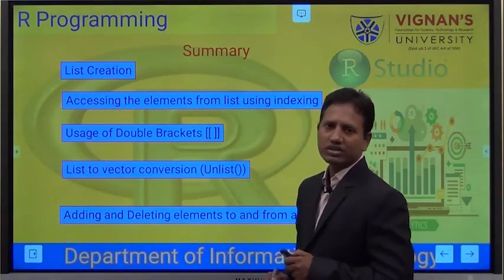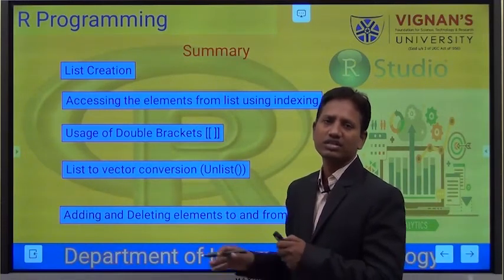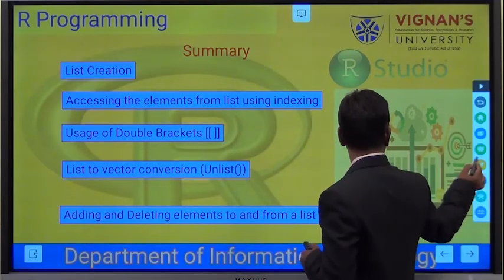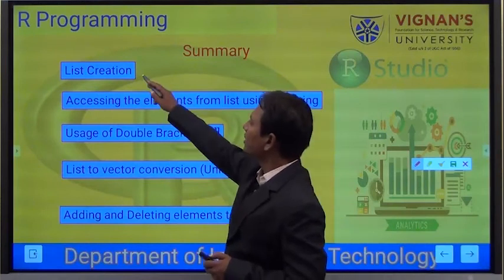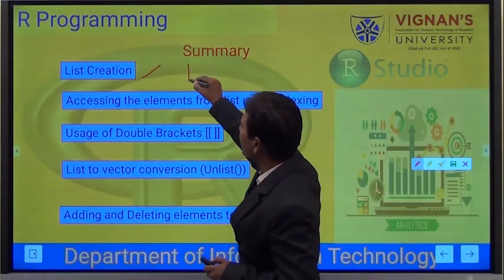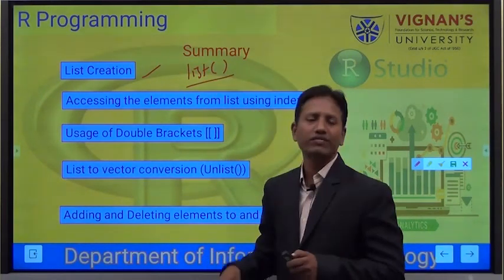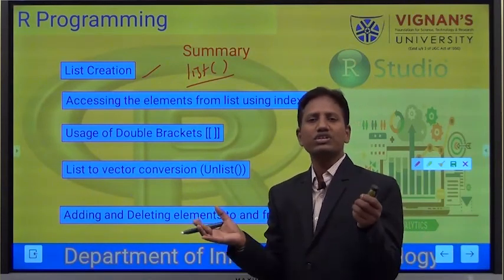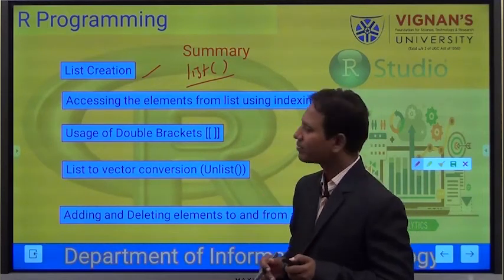When it comes to the summary, what are the things we have learnt in this session? We have learnt how to create a list. First, to create a list, we have a function called list, and we have learned the definition of a list: heterogeneous data types that we can put into a single unit.